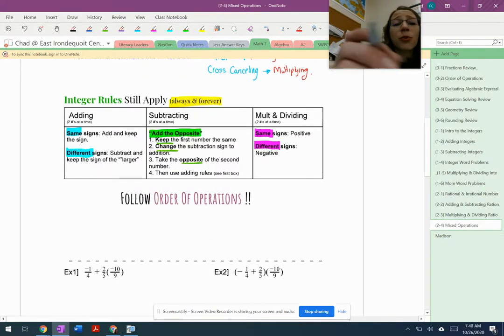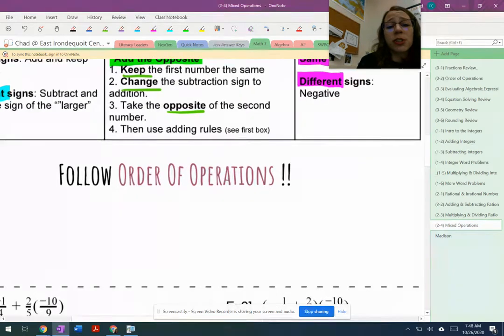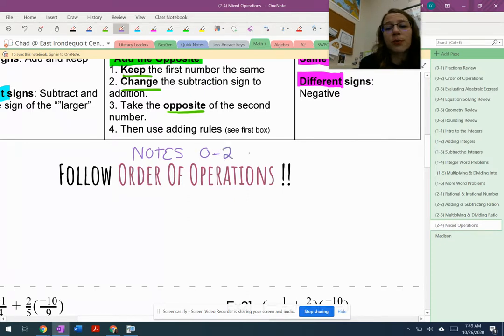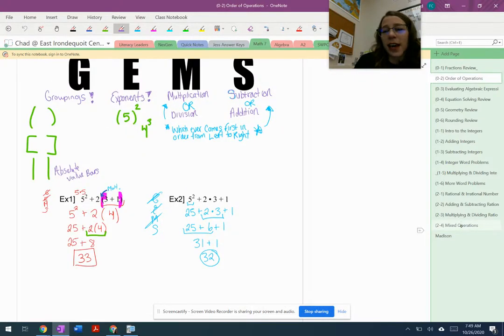So following those order of operations, if you don't remember about order of operations, you can find that in our notes from 0-2, which I actually have right here in case we needed to look at that.